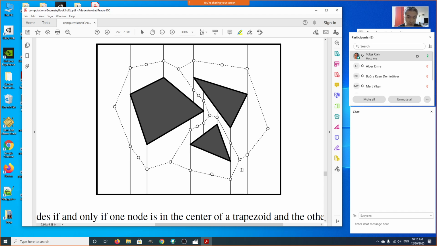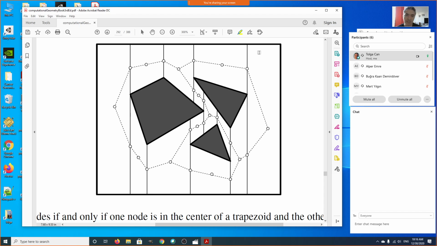While we're building the trapezoidal map, these vertical extensions are done, and therefore for each vertical extension we also insert a node to our graph, and its planar embedding is going to be the center of that vertical extension. If the number of vertices of the obstacles is n, our graph will also contain a linear number of vertices.